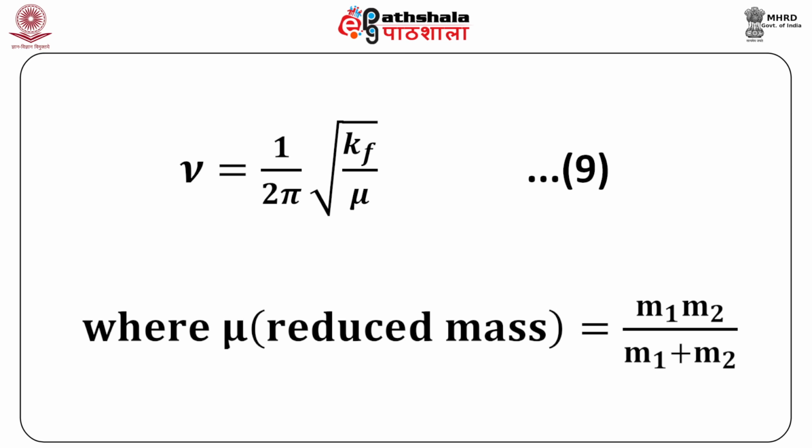This vibrational frequency for a linear harmonic oscillator is given by equation 9. Nu is equal to 1 by 2 pi under root kf by mu, where kf is the force constant and mu is the reduced mass, given by mu is equal to m1 m2 upon m1 plus m2.